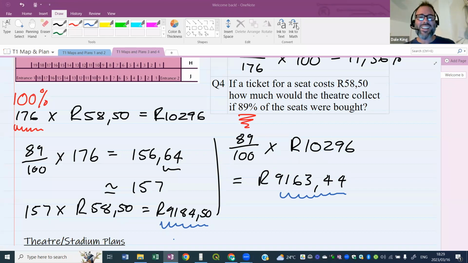I think she did the 89% of the Rand value, and Amo has got what looks like 89% of the seats. Somebody raise your hand. Tell me, why are we getting different answers here for these two calculations? They're very similar, almost the same, but there's a slight difference. Somebody raise your hand. Be brave, people.